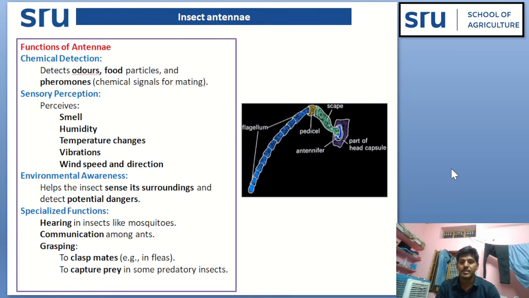Environmental awareness: help the insect sense its surroundings and detect potential danger. It also performs specialized functions like hearing in insects like mosquito, communication in insects like ants, grasping to clasp the mate in fleas and to capture the prey in some predatory insects.